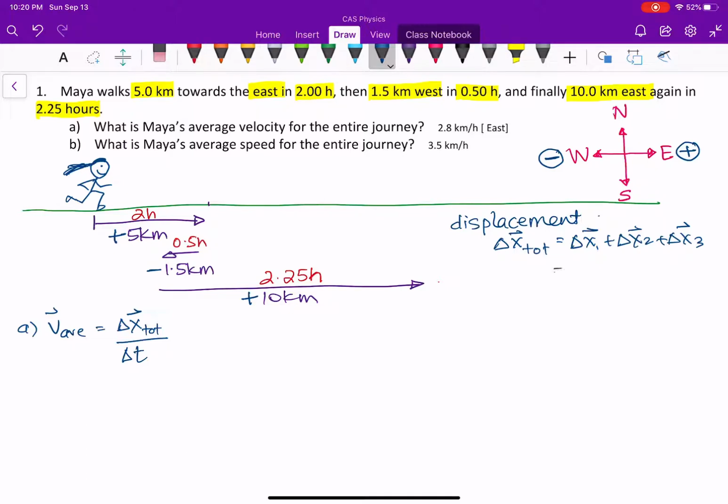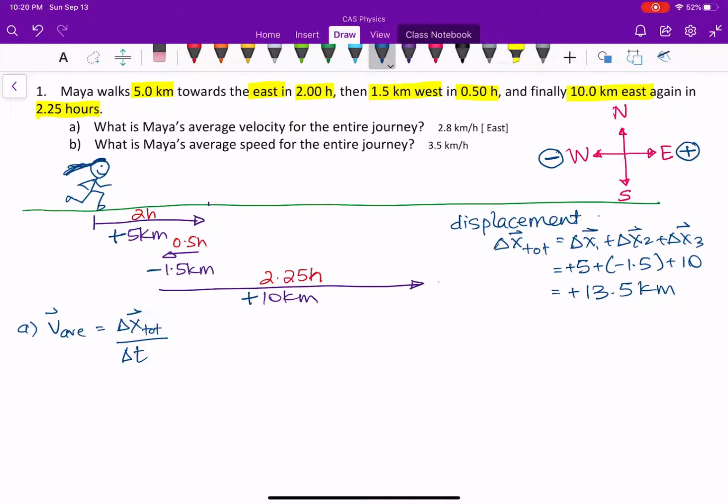So when I go to add these up, with vectors, you're always adding them, but in the case of directions, this is going to be plus 5, and then you're adding negative 1.5 because of the backwards, and then plus 10 again. So when I add it all up, I end up with plus 13.5 kilometers.